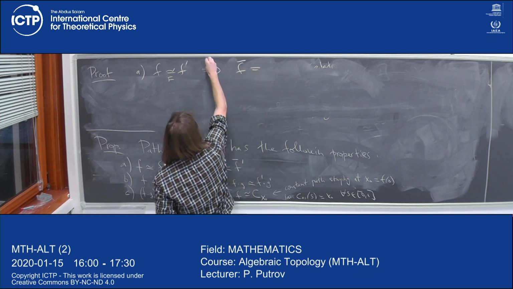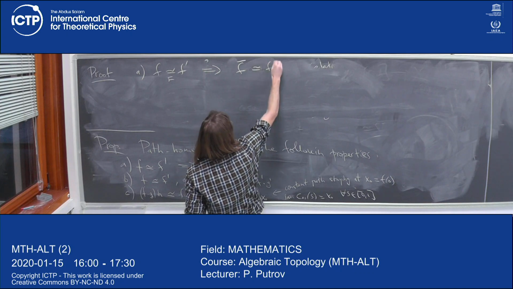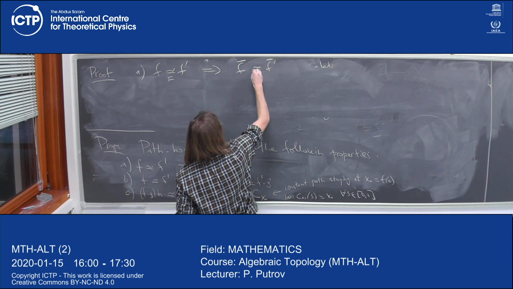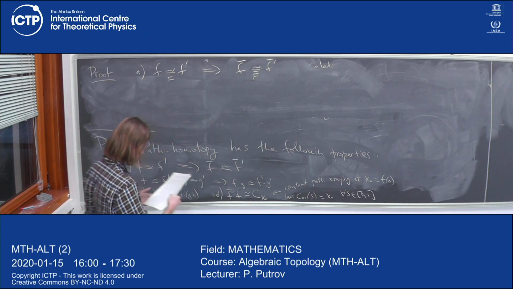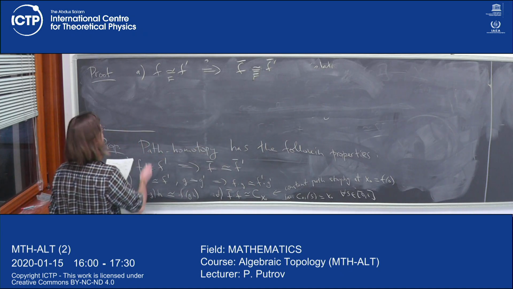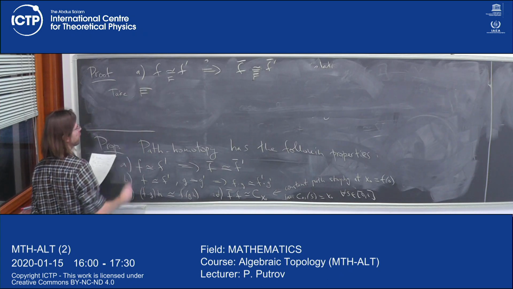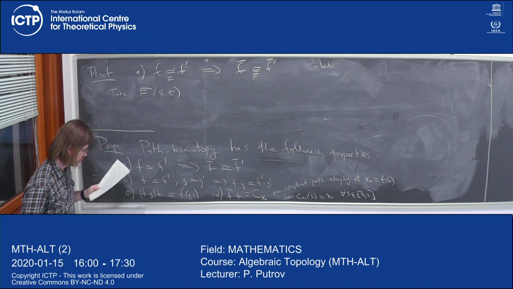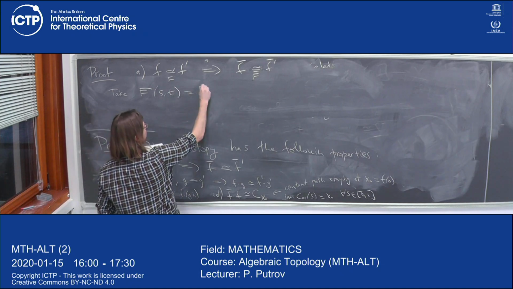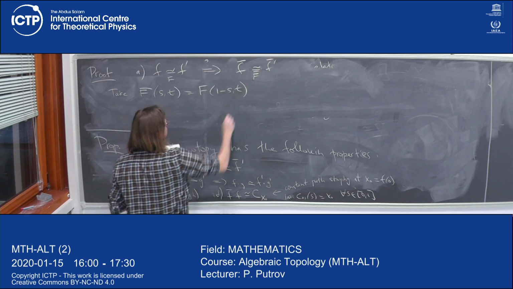We want to show that from this it follows that the inverses are also homotopic, and the homotopy is realized by some function f bar. Indeed, we can just take this function f bar to be defined by the following formula, the same as f of 1 minus s, t.